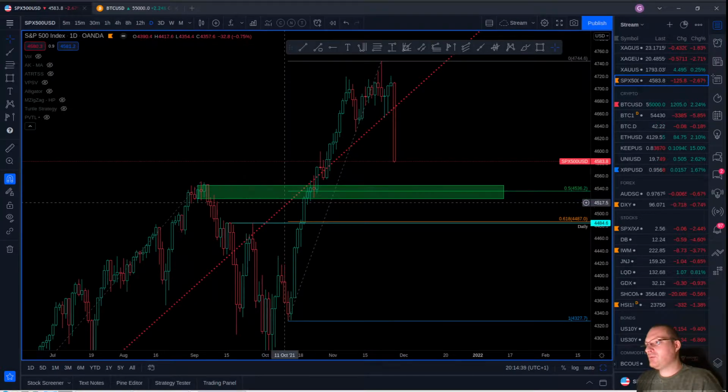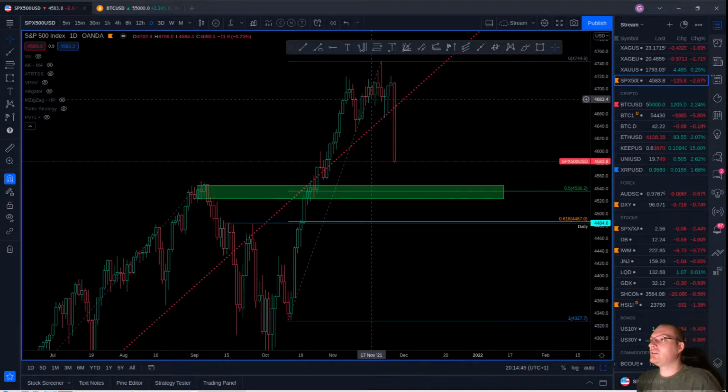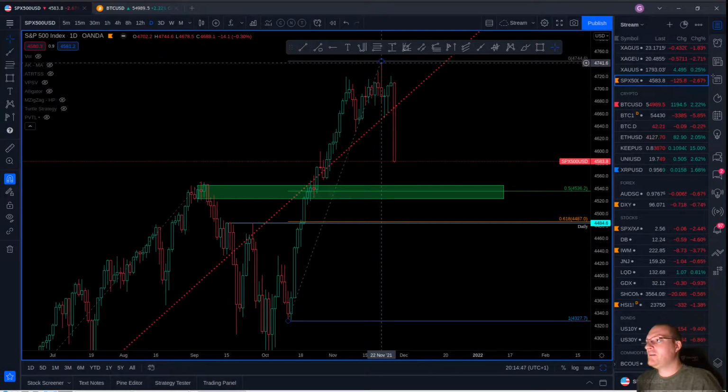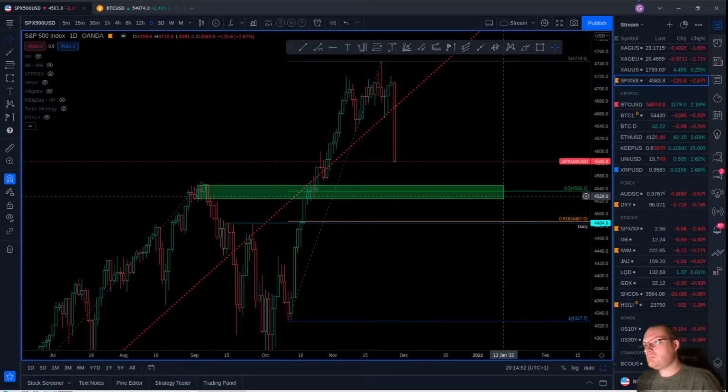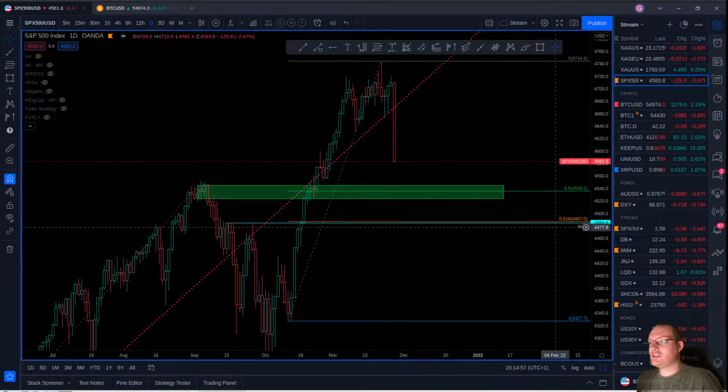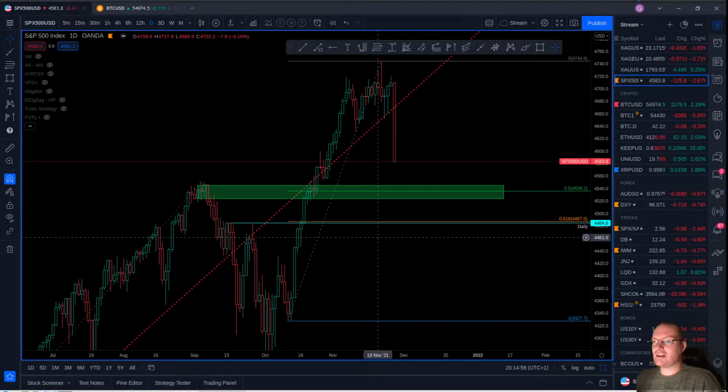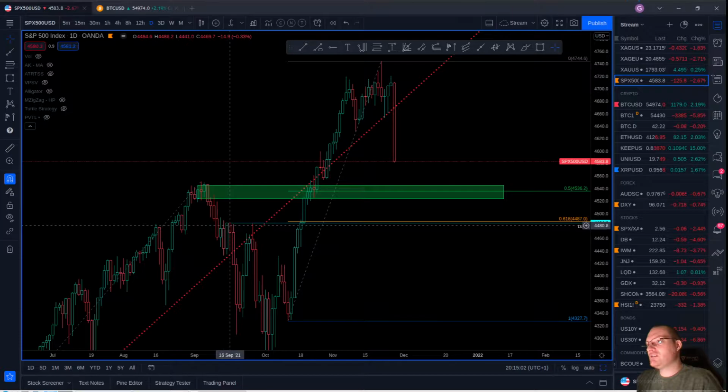Why? Because if we pull Fibonacci from this low, from the 12th of October till our all-time high, then the 0.5 ends up completely in the middle of this green zone. Another case we can make is the 0.618 retracement. That's the classic one, because there we can also see confluence with this daily resistance.